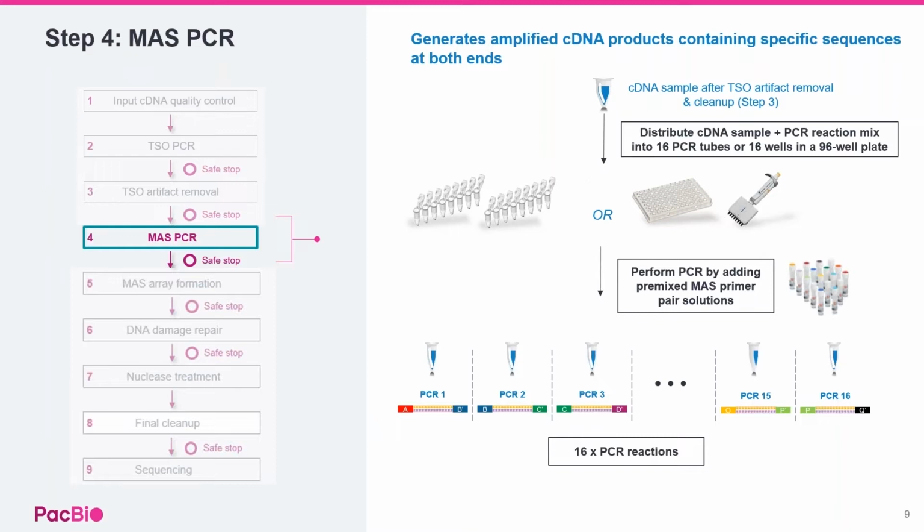The end result from this step is that the amplified cDNA products from one PCR reaction will contain terminal sequences that are complementary to the ends of cDNA products from neighboring PCR reactions. For example, the cDNA products from PCR2 will contain terminal sequences that are complementary to the ends of cDNA products from PCR1 and PCR3.